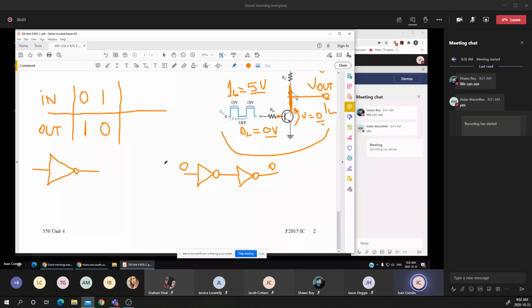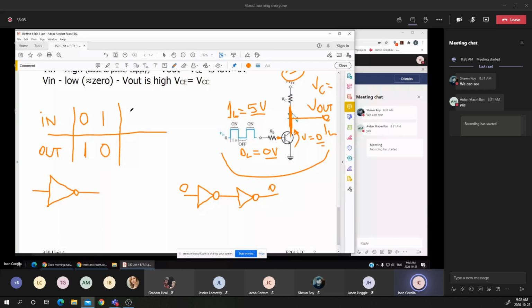If I'm going back to the table, suppose that I'm applying 0 voltage on the input, I'm getting 0 voltage on the output. Once I'm applying the 1 voltage or 1 logic on the input, I will get the 1 logic on the output.